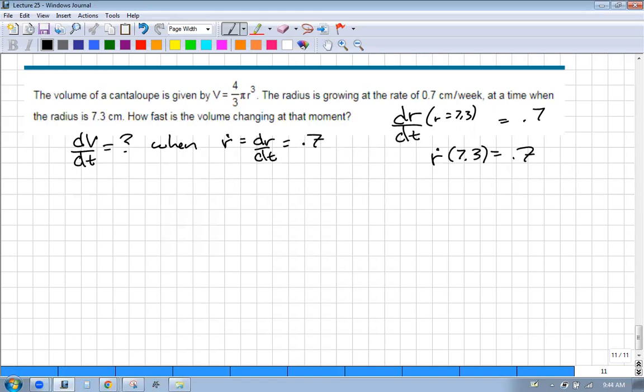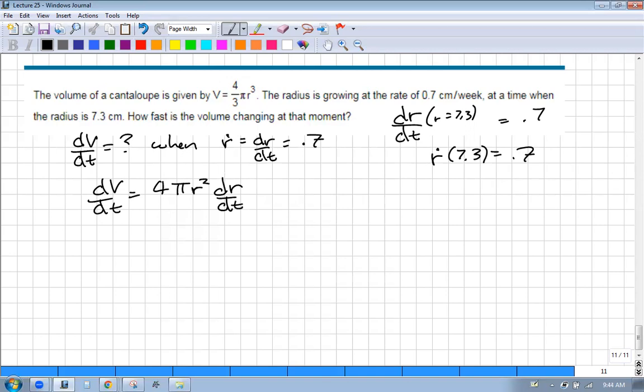Okay, so we have this guy. We don't have to do implicit differentiation. The V is already by itself. So if we take the derivative of both sides, dV/dt, 3 times 4/3 is a 4. Subtract 1 from the exponent and multiply by the derivative of r.